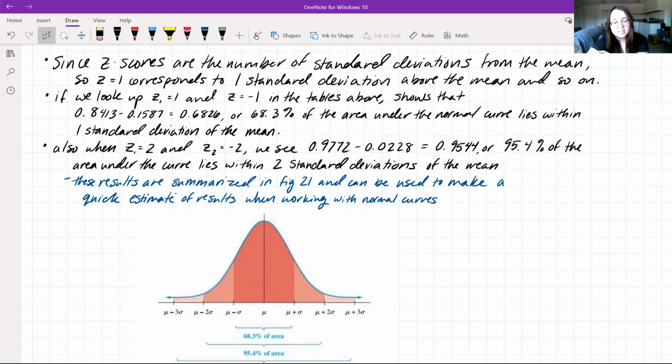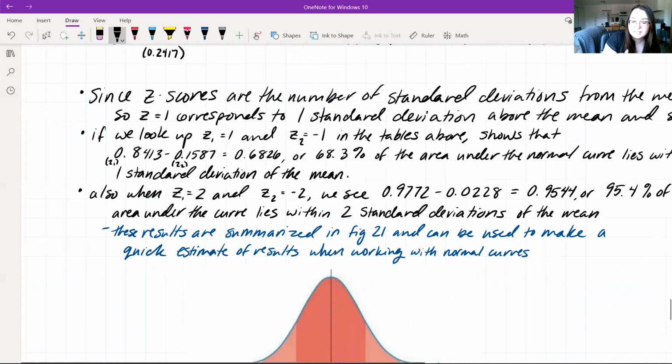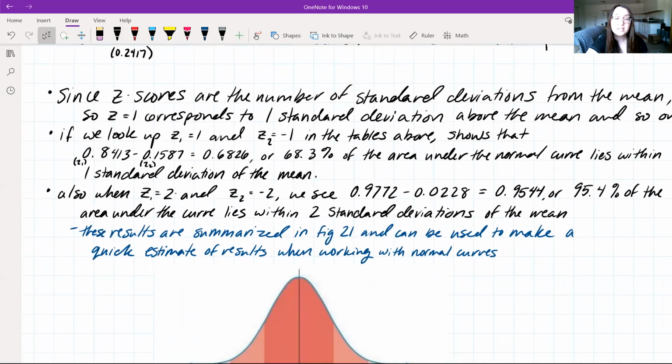If we look up z1 equal to 1 and z2 equal to -1 in the tables above, this shows us 0.8413, which is z1, and 0.1587, which is z2. The difference gives us 0.6826, or 68.3% of the area under the normal curve that lies within one standard deviation of the mean.